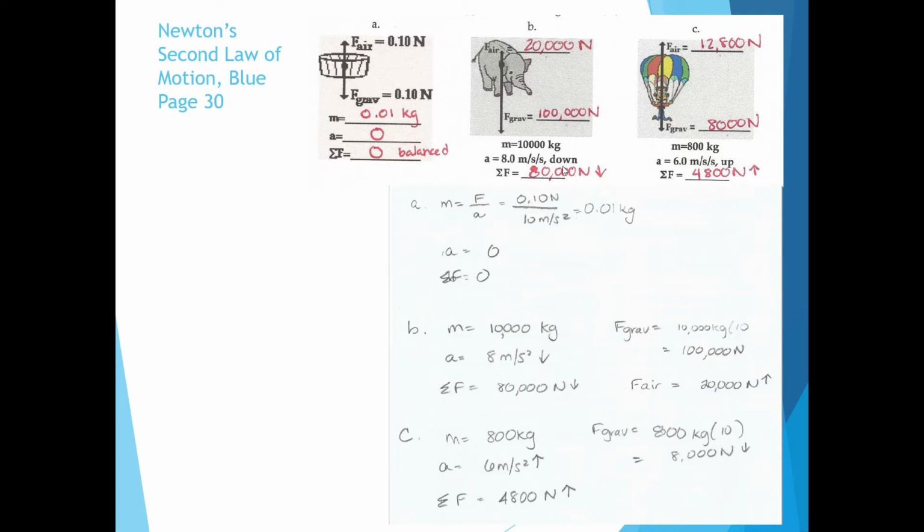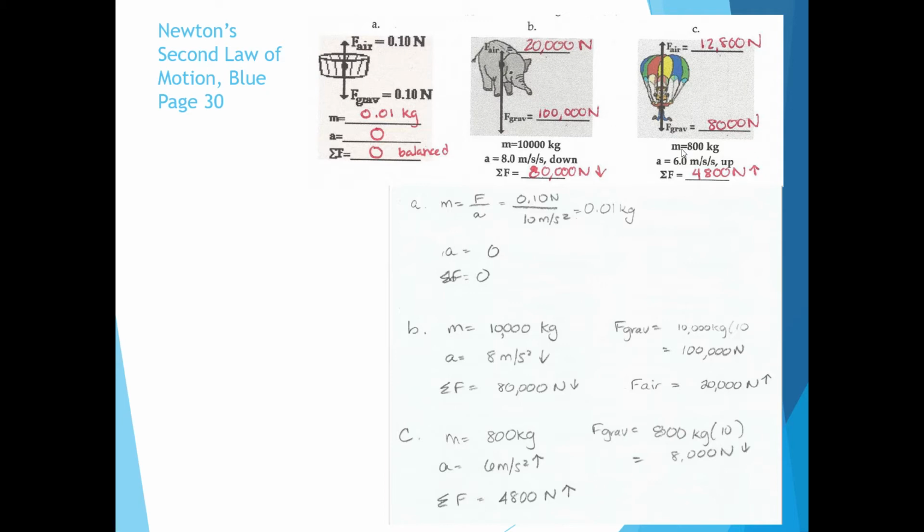Did you flip a sign? Did you have the wrong one being larger? Just take a second glance at this, because this is the most common mistake that students make. They'll make this one 180,000, and then your net force is up, which says that the elephant is accelerating upwards, which might be kind of challenging.